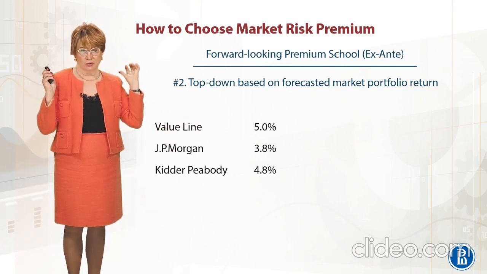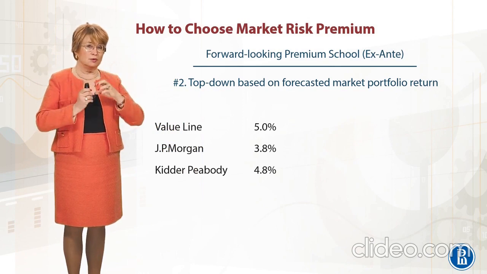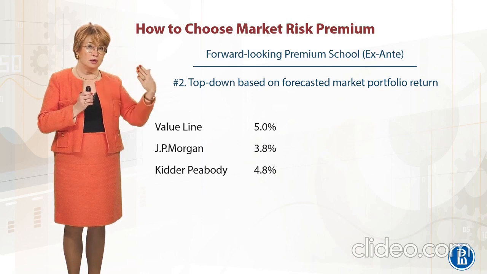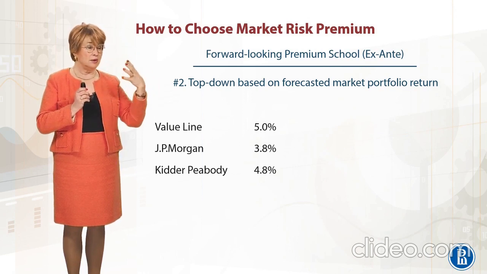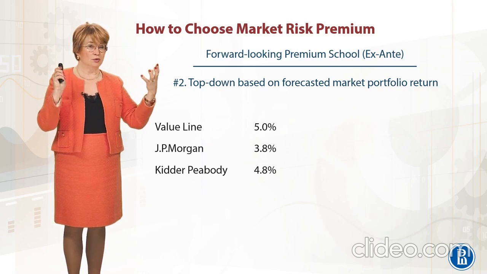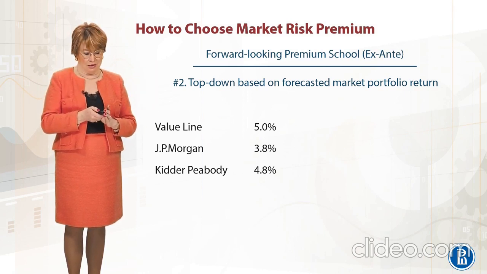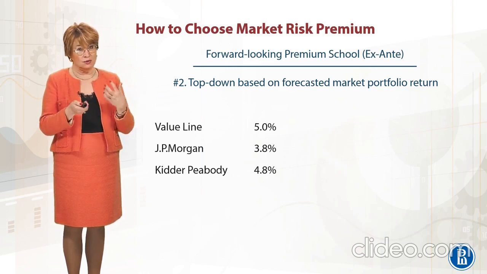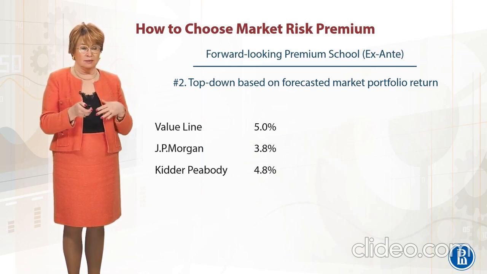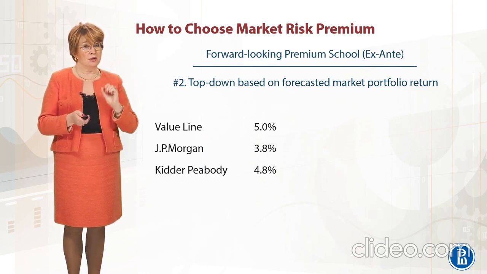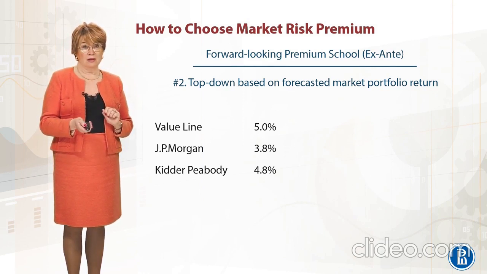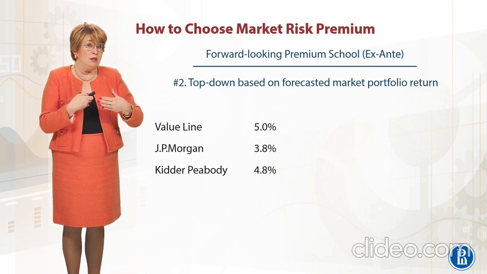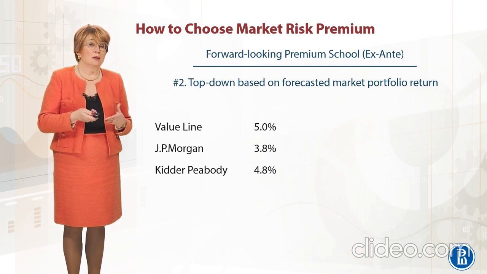They are looking just overall at the market index, trying to forecast the macroeconomic trends, the trends in the capital market, and trying to understand the overall rate of return on the market index. You can understand these are very different approaches, and they will bring different values for the market risk premium.